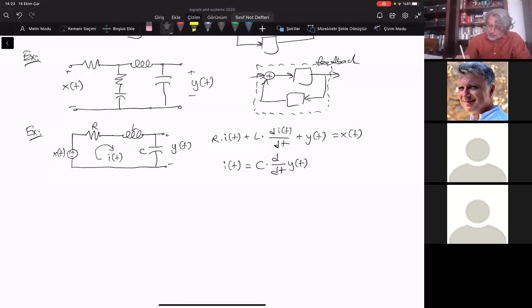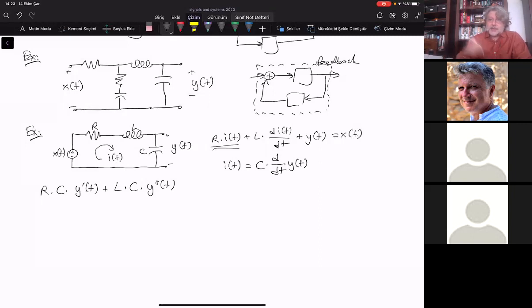So we have these two equations. Let's now combine them. Let's substitute I of t equal to C times the derivative of y of t into the first differential equation. And then we will have R times C times y prime of t, the first derivative, because it is R times I of t, plus L times the derivative of I of t, which will give me C times y double prime of t, the second derivative of y of t, because I of t is the derivative of y of t.